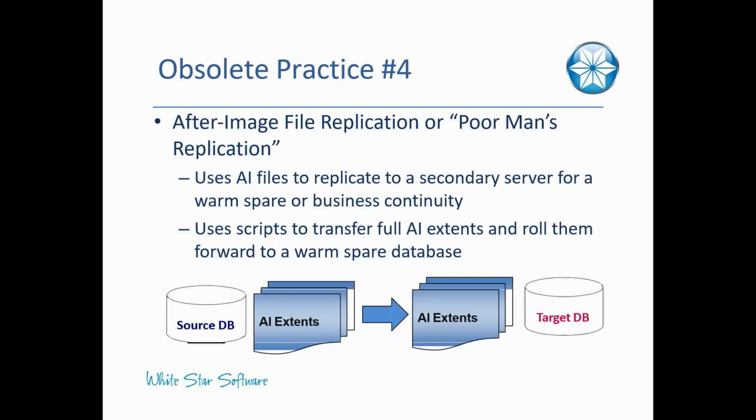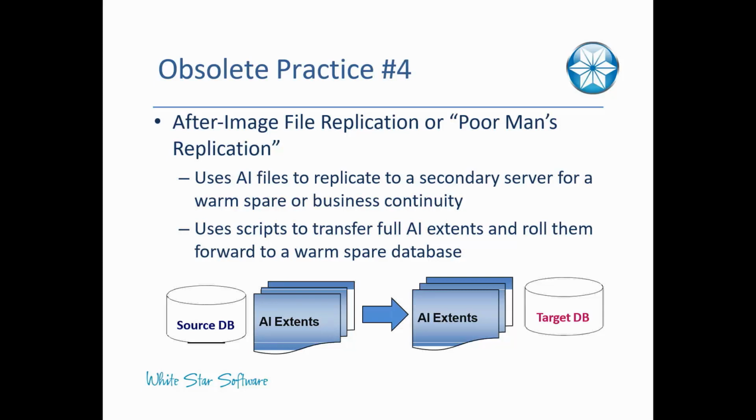So obsolete practice number 4: using after image files for replication, or what I like to call poor man's replication. This is kind of controversial because many still use this. I've had a customer recently ask me to do this, but for the most part, there are better ways to do this.